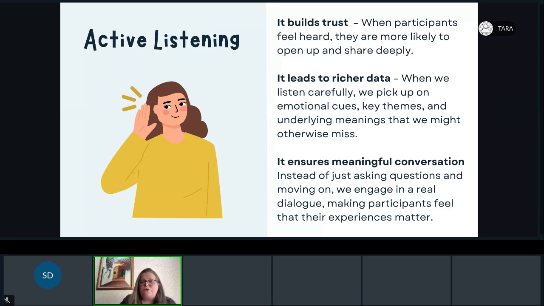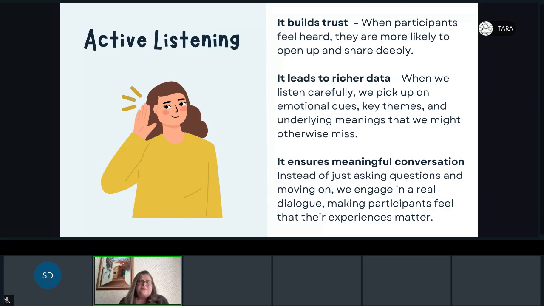So use nonverbal cues: nod, maintain eye contact, use facial expressions to show you're engaged. Pause and reflect. So, what I hear you saying is, or I'm not quite sure I get this right. Can you explain further what X, Y, or Z means?